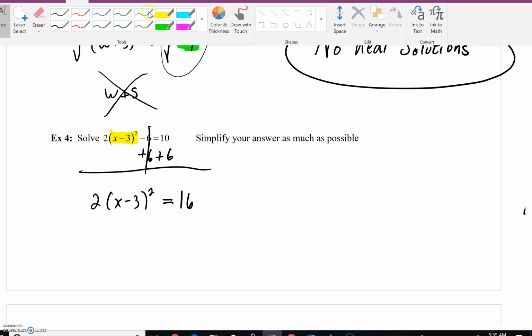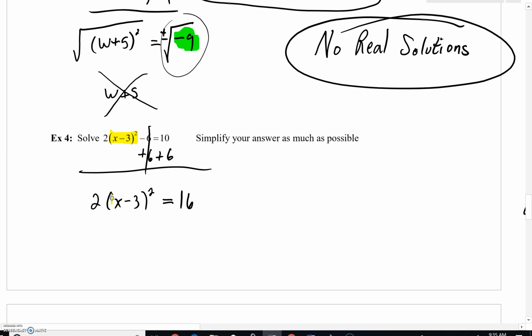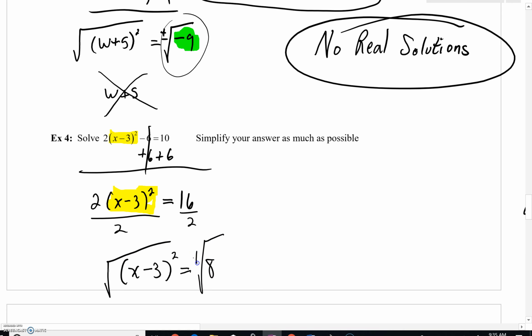And you can see again, if you're trying to solve for this squared term, like in the past we'd solve for x squared, now we're solving for x minus 3 squared. If there was a 2 out in front, we'd divide by 2, and look at that. We're left with x minus 3 quantity squared is equal to 8. And it's at this point where you would take your plus minus square roots.